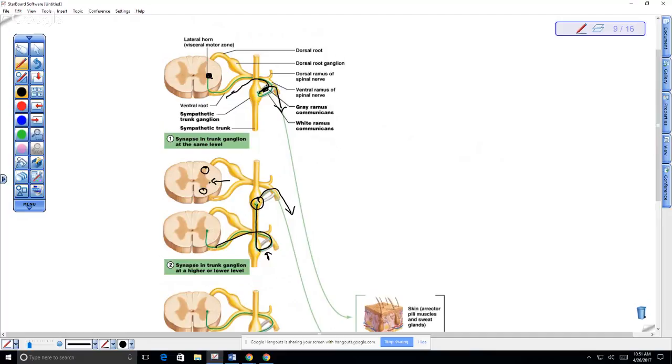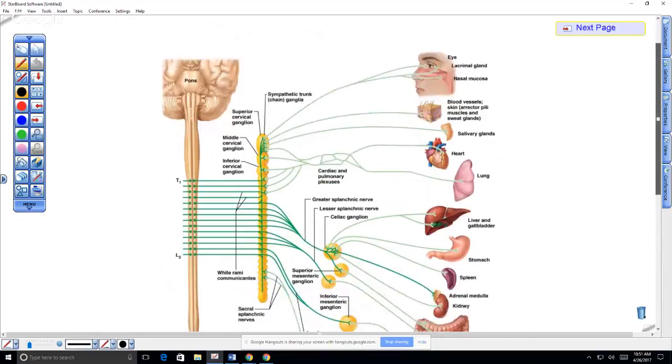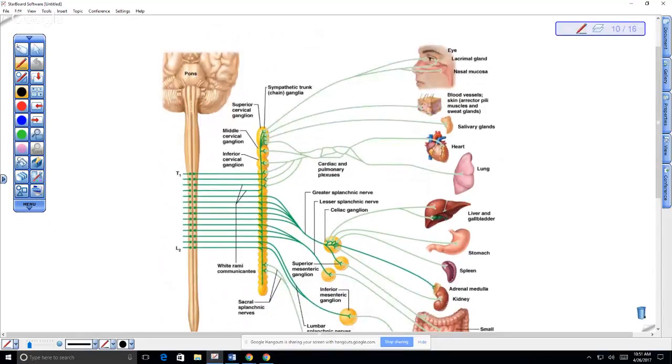Okay. So if we look at the diagram, this represents the cell bodies in the lateral horn of the spinal cord. This represents the cell bodies in the ganglia.